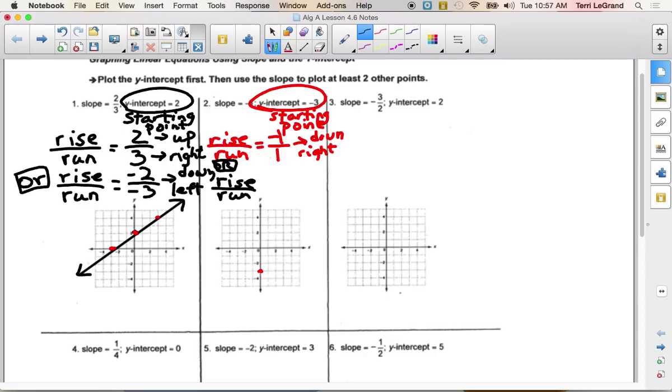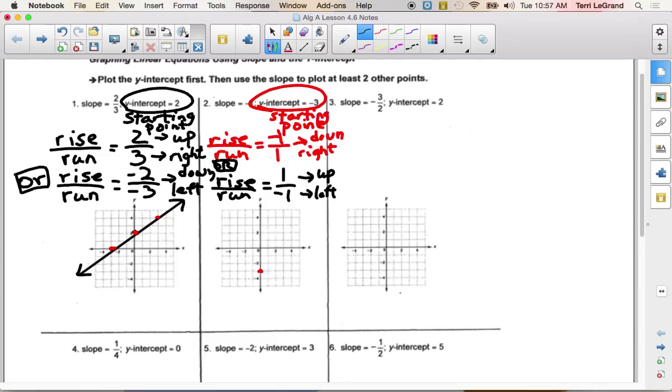I'd have to divide by -1, wouldn't I? So we can give the negative sign to the downstairs instead. Rise, I don't want you to be the -1. Run, you be the -1. Because a positive divided by a negative is still a negative. And then now we would go up and to the left this time.